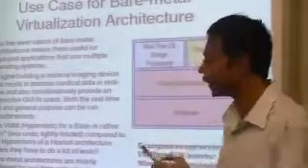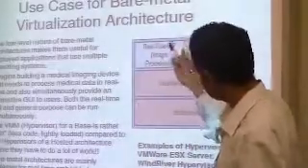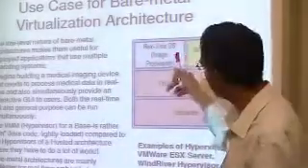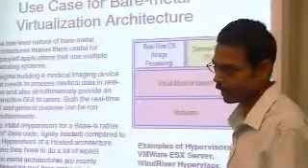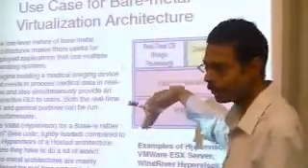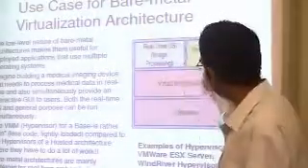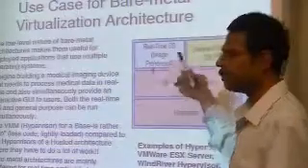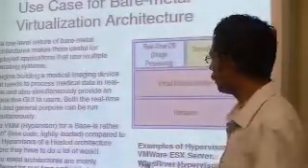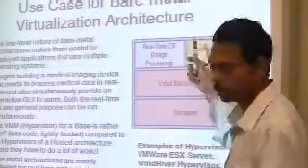And where we use bare metal, as I said, is for real-time applications where there is some interaction between the virtual machines. For example, this could be a medical image processing application where you have some image that needs to be processed in real time by a certain operating system, and it needs to be done faster. Whereas there could be some aspect of the application which requires user input, and that could be run on a different operating system or virtual machine.